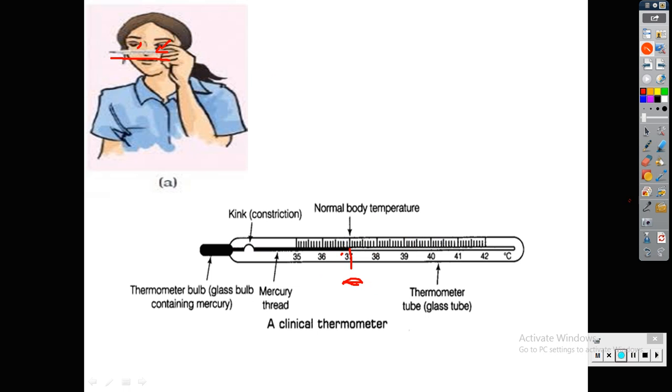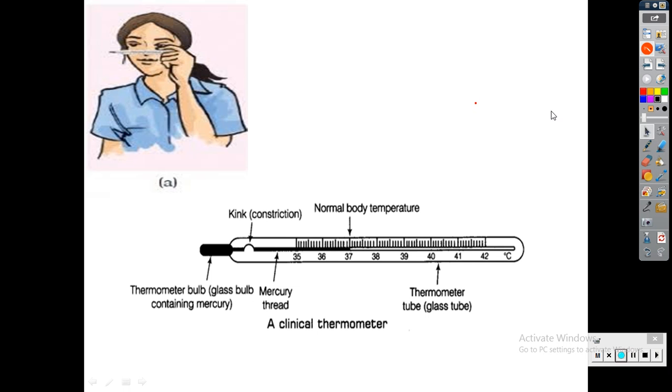So the mercury thermometer should be read along our eyesight.